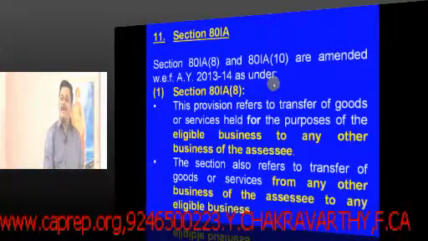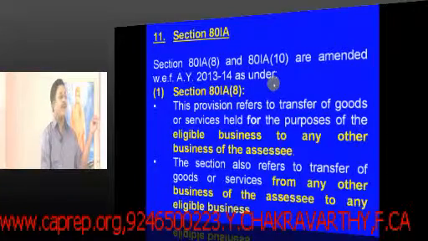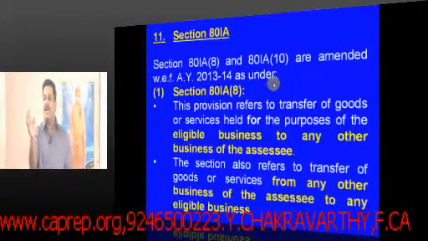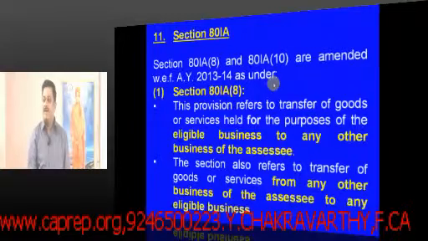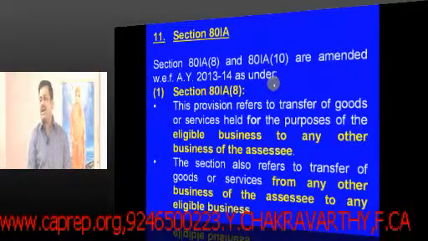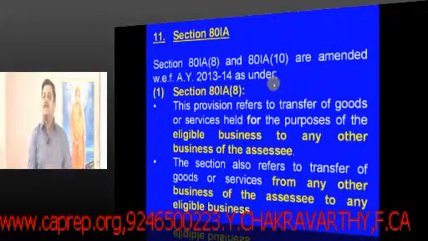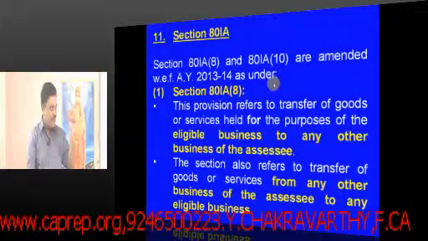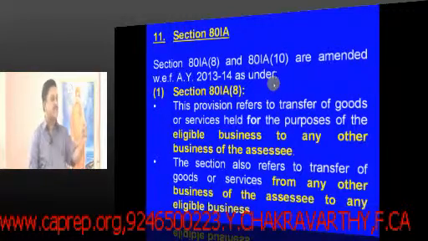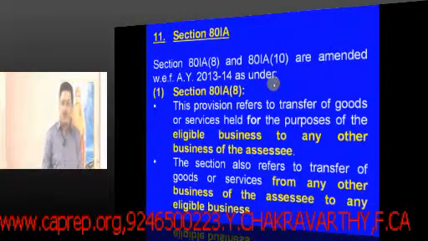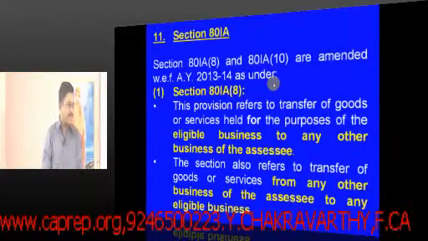So what will happen? The profits derived by the hospital which is established in the village or taluk headquarters is entitled for a particular exemption or deduction. But the intention here is what? Only for the genuine transactions, genuine services that they have done in the village or taluk, those profits only the lawmaker wanted to give the exemption or deduction.